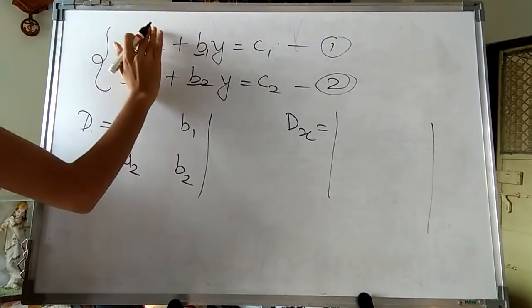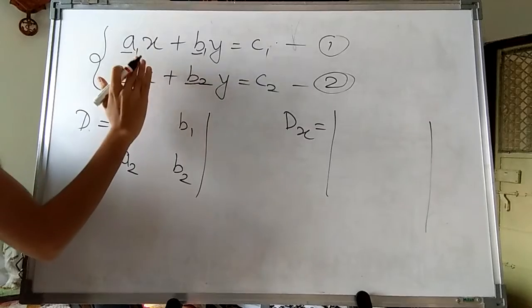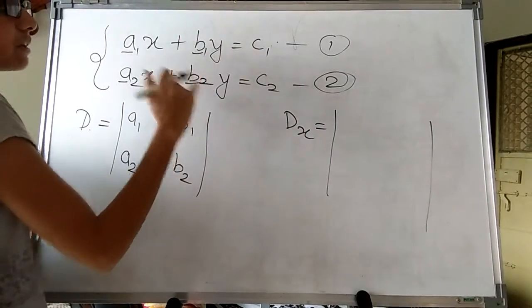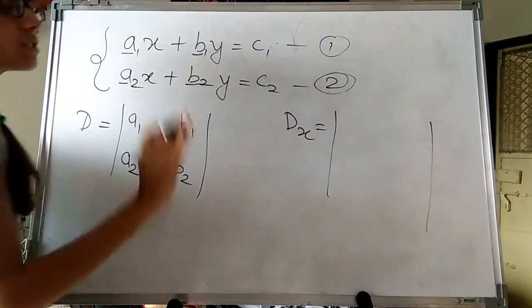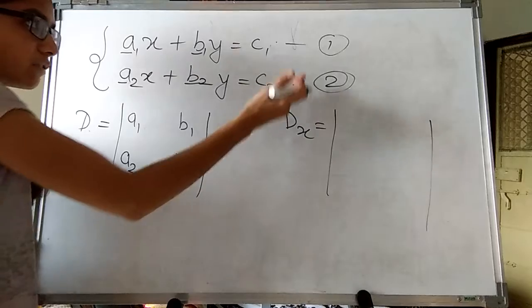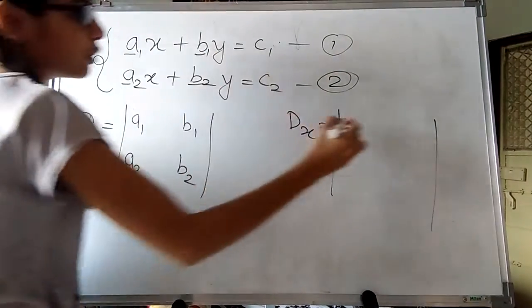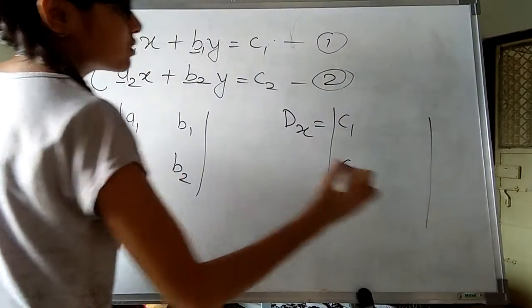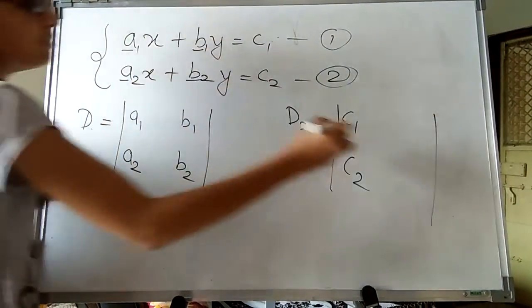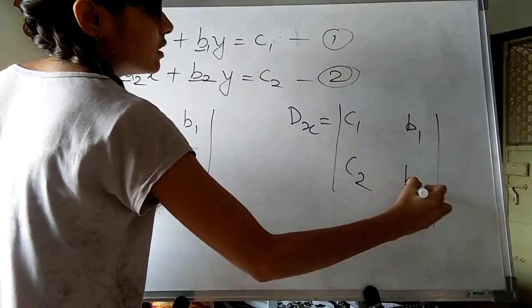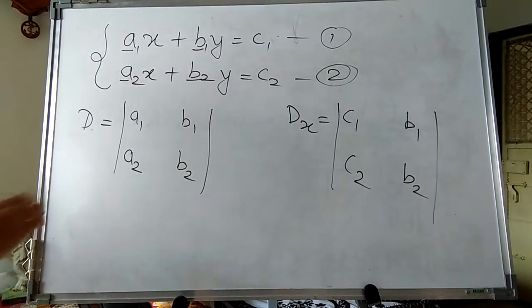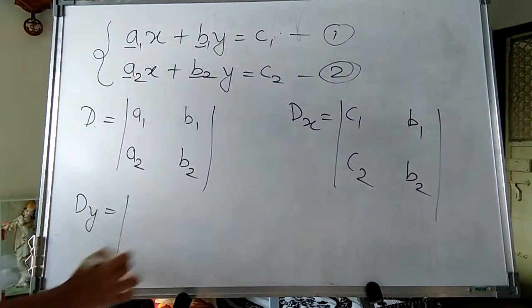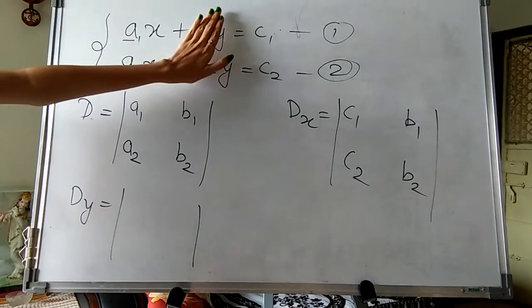For Dx, leave this x variable and go for B1, B2, the coefficient of y, and the constants C1, C2. But start writing from C1, C2. Don't start writing from B1, B2. So C1, C2 comes first and then B1, B2. So this is your Dx. Now comes Dy. Obviously, what will you leave now? The y variable.